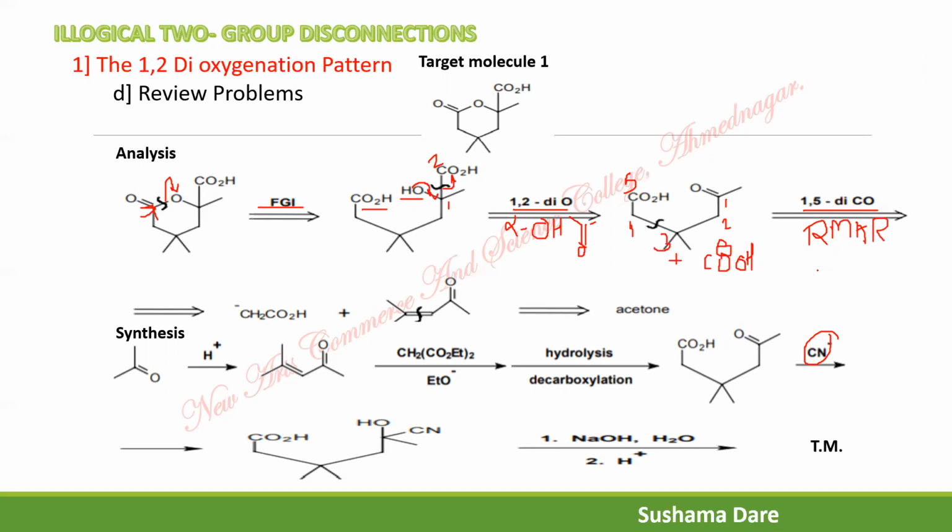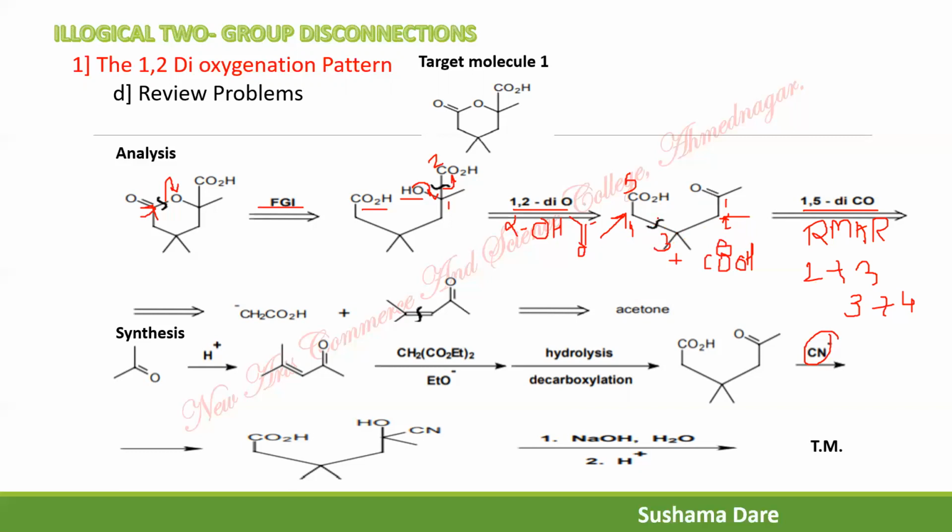Whenever a Michael addition reaction is there, the best disconnection is either 2,3 or 3,4. In this case, which one is the best? It depends on which carbon is more substituted, number 2 or number 4. Number 2 is CH2, number 4 also CH2. So they are the same substituted carbon.